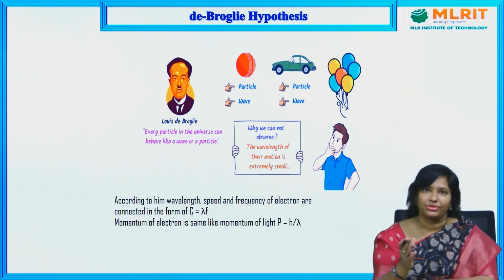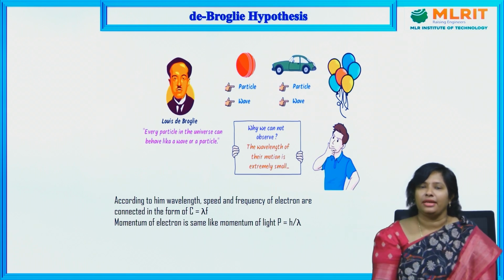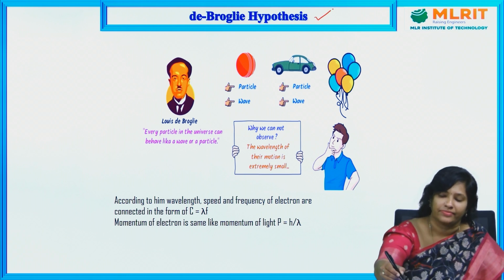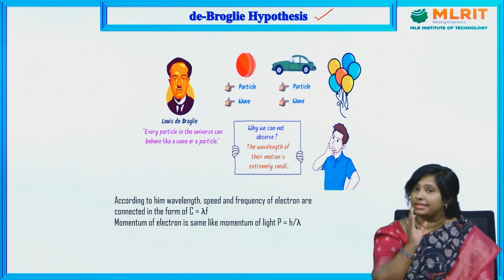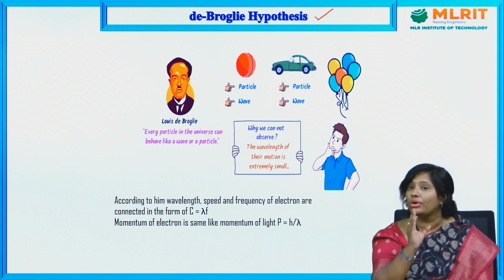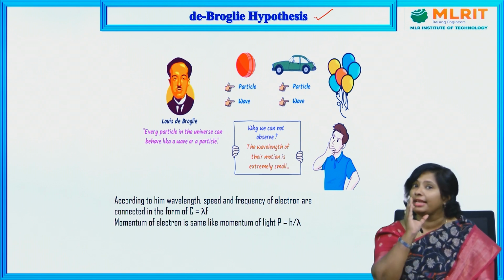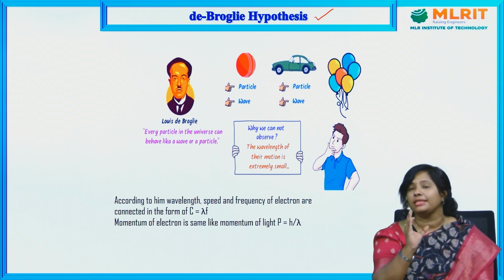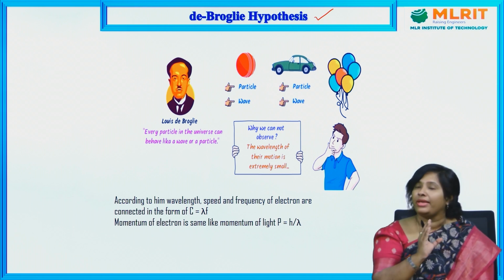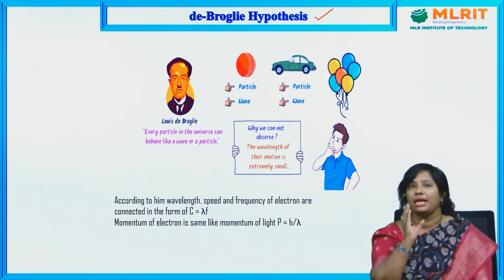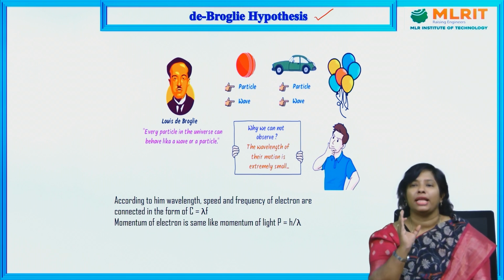Next, our interest is to study the de Broglie hypothesis. See, once again, recap the things we did till now. According to Einstein, all electromagnetic waves behave like both a wave and a particle. Now coming back to the de Broglie hypothesis.